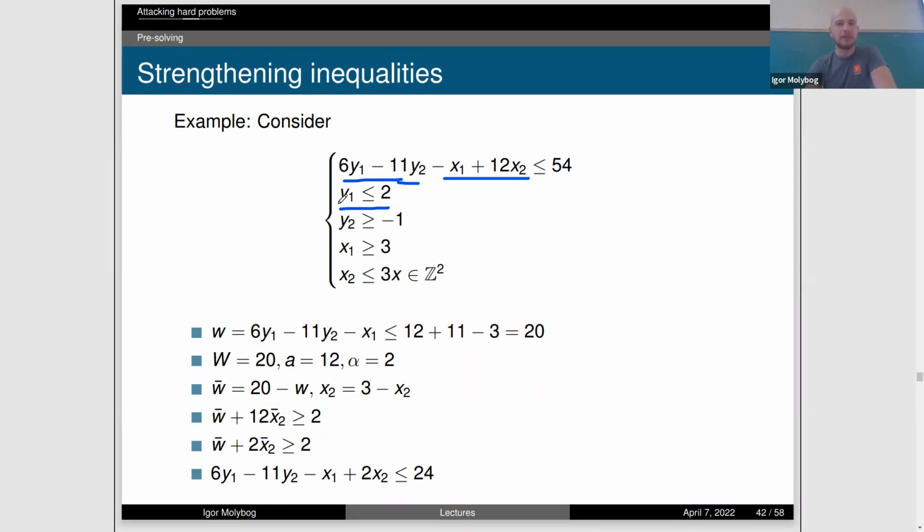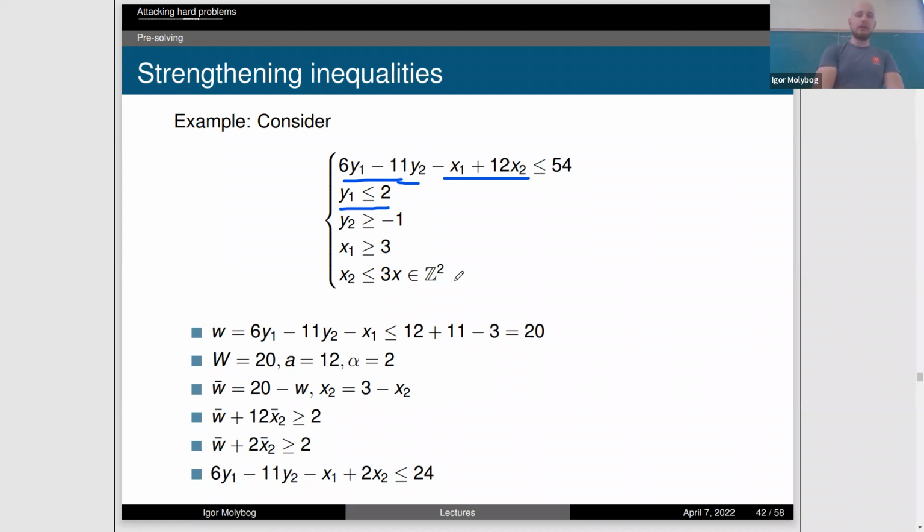Y1 has some limit. Right? They are not even non-negative.